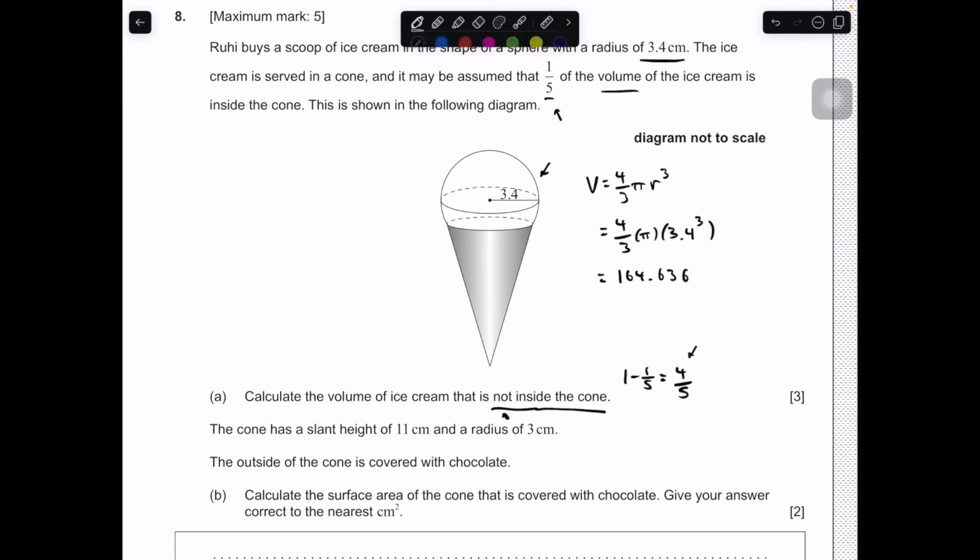We wanted to take 164.636 and multiply it by 4/5, which gave us a value of 131.7, or to 3 sig figs, 132, in cubic centimeters. Alright, so not too bad of a question.